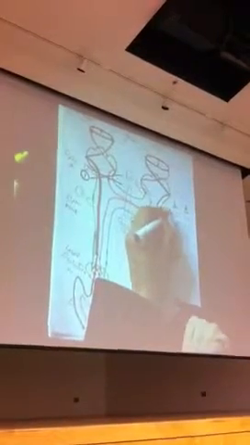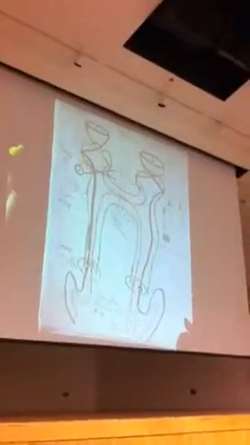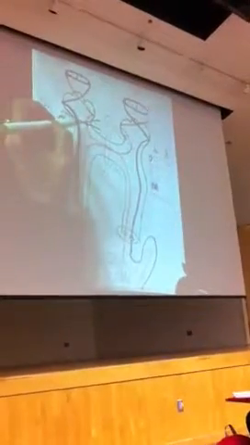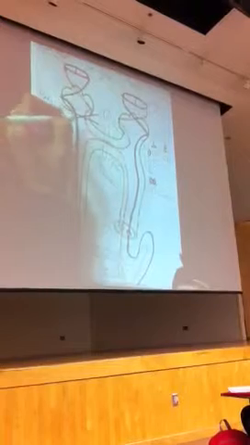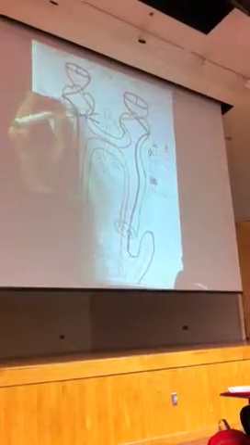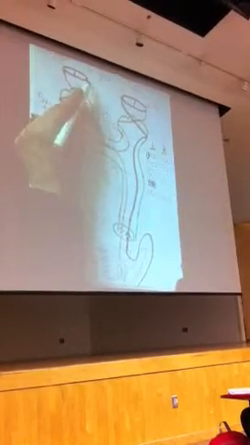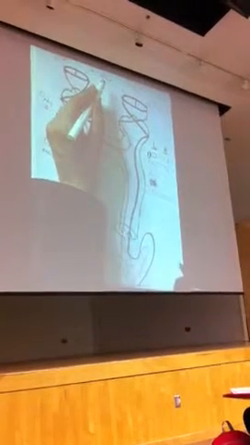Same as number 1. If there is damage to the left optic nerve, okay, let's see what happened to the left eye. Look at here. The left optic nerve takes the information. Look at here, please. First, you can write it down. The left optic nerve takes the information from left nasal field, right?